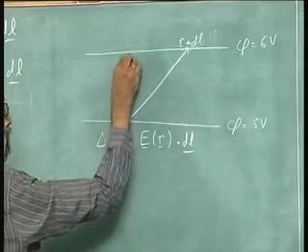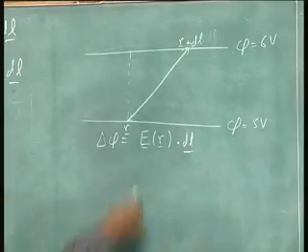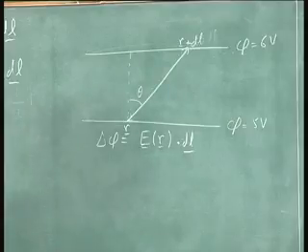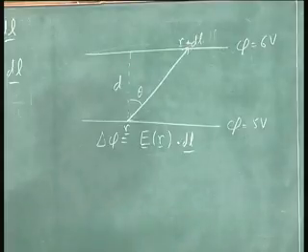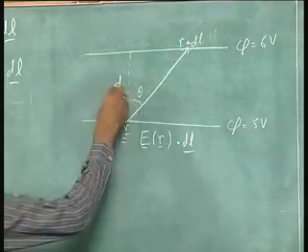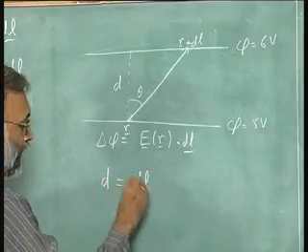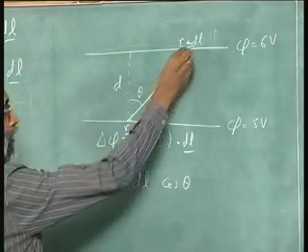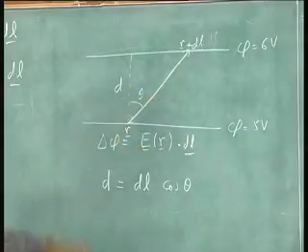I can draw a normal between these two planes and I can take the angle between them, that is theta. If this distance is d, then it is clearly true that d is equal to dl cos theta, because this is the diagonal, this is the base. So, d over the diagonal is cos theta. So, d is equal to dl cos theta.